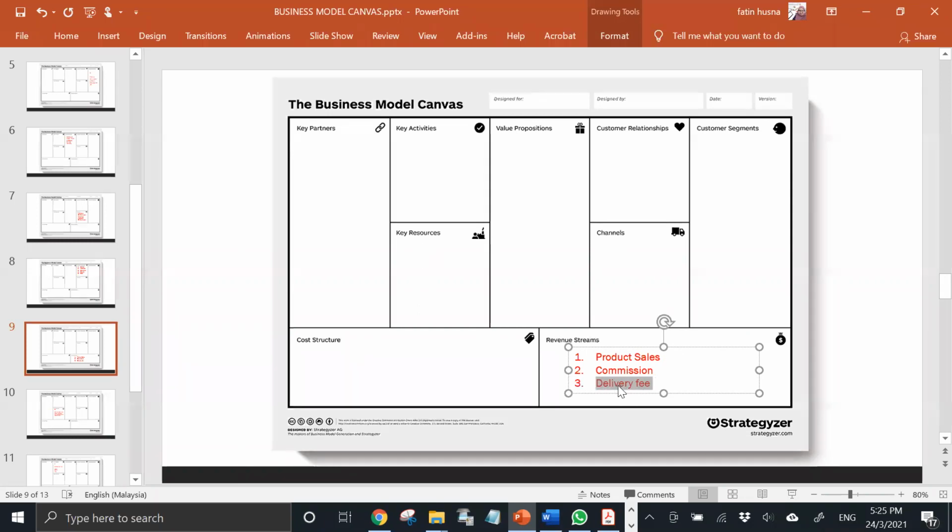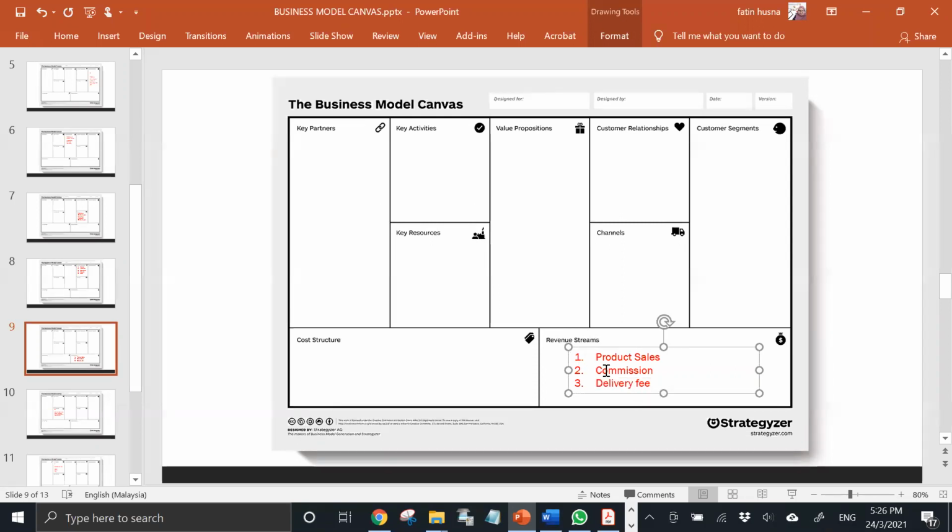If you put delivery fee under revenue streams, I would like to see in key partners there is the courier there. So every box has a connection to each other. So if you put delivery fee here, of course the courier must be here, and the key activities must also mention something about submitting to the delivery courier or something. So it is actually connected to each other.